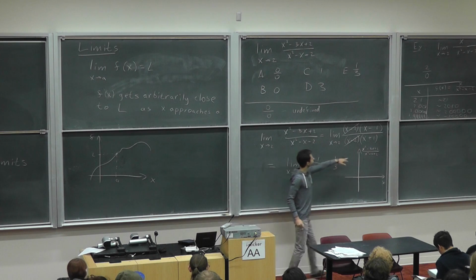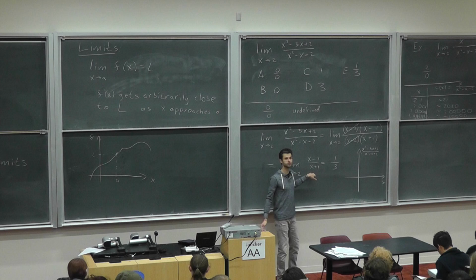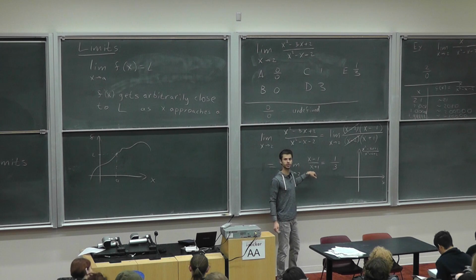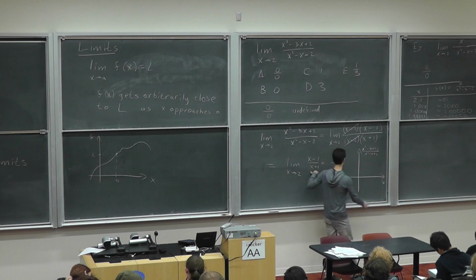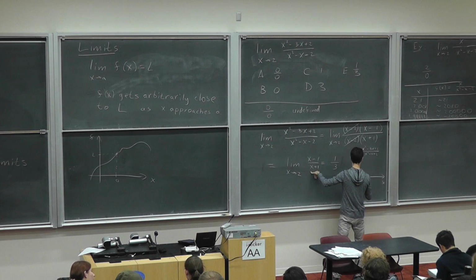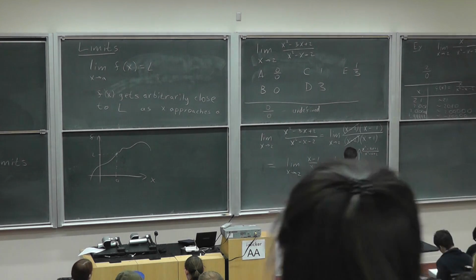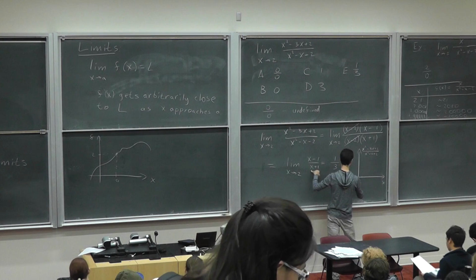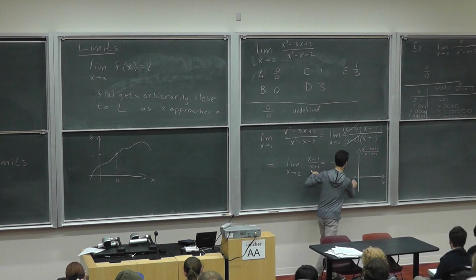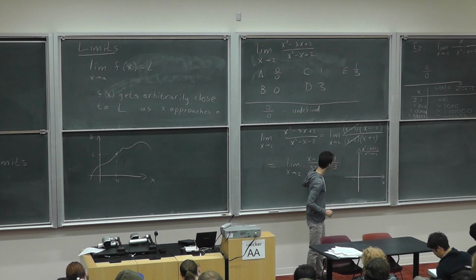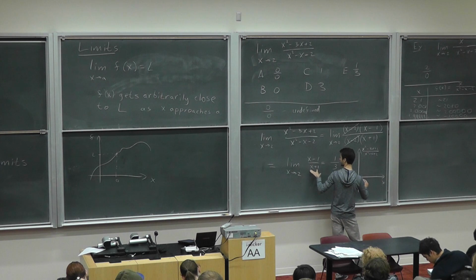We know that this function is basically the same as this function, x minus 1 divided by x plus 1. I won't talk about how to sketch a really good graph of this function, but the answer happens to be like this.